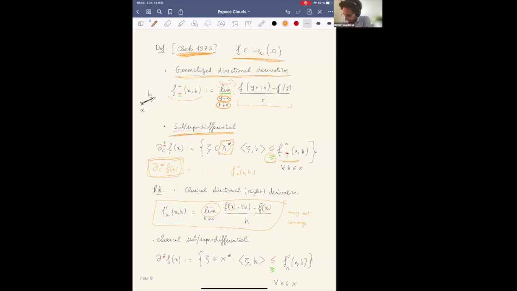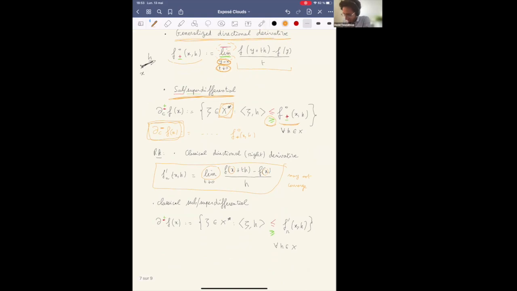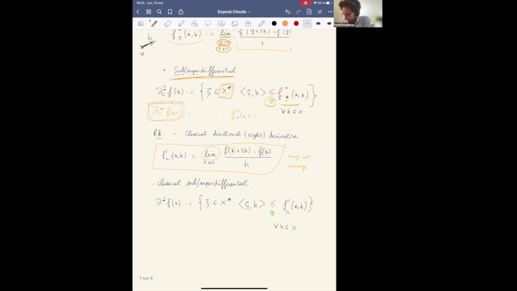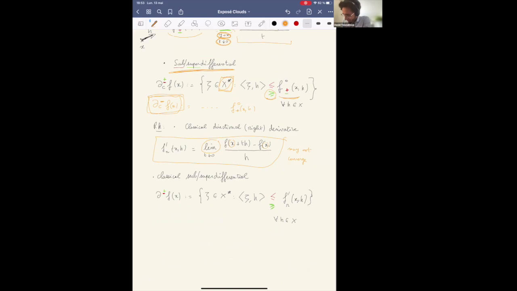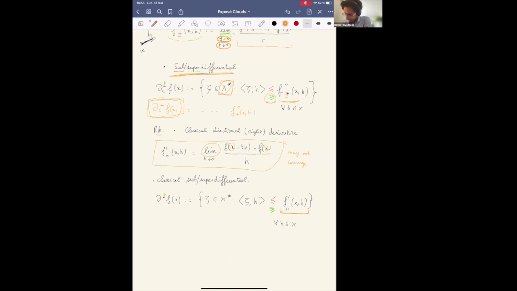But still, when it converges, one can define a classical sub and super differential by working with this right directional derivative and defining sets in an analogous way.